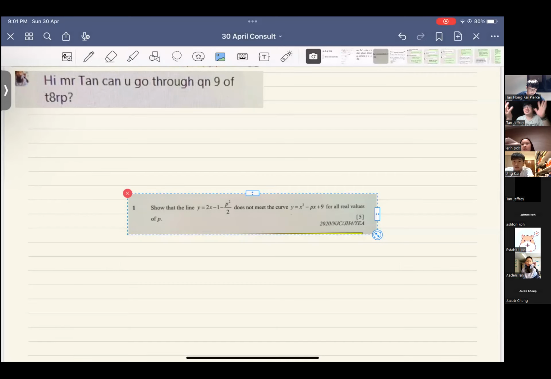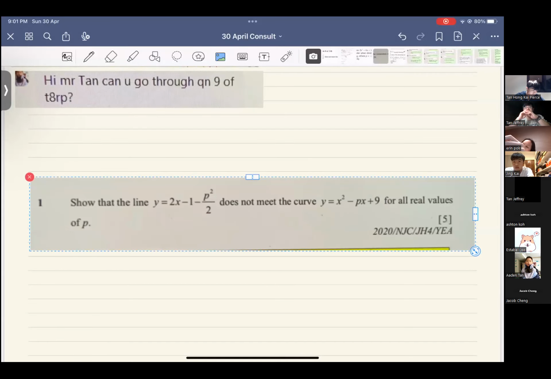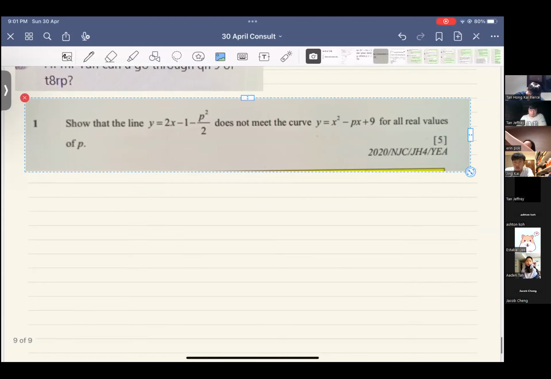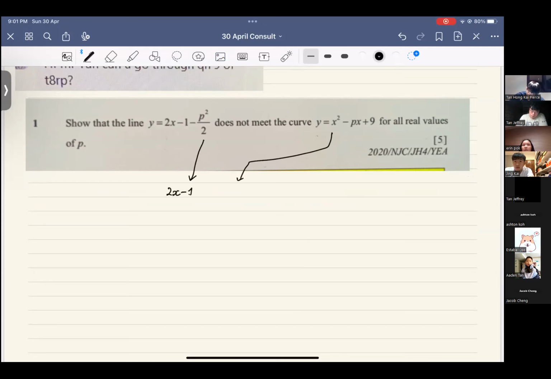So when I equate these two, 2x minus 1 minus p squared over 2 is the same as x squared plus px plus 2.